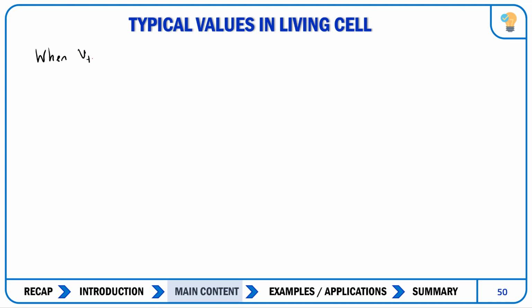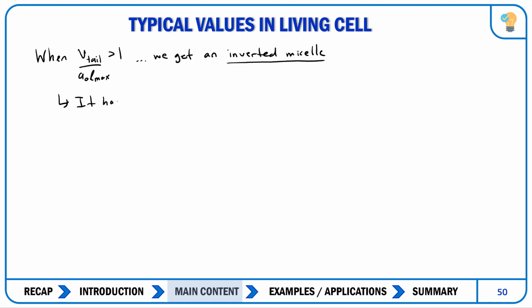When V tail is greater than 1, we get what's called an inverted micelle. Oops, not V tail. V tail over A naught L max. So what an inverted micelle is actually, it's a micelle still, but it has a very long tail structure.